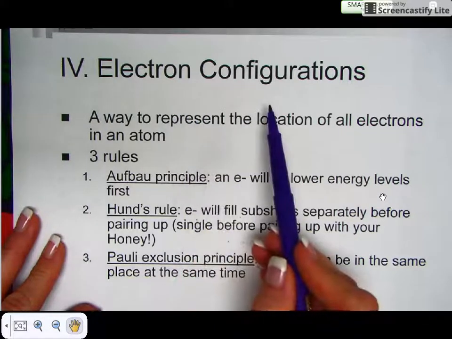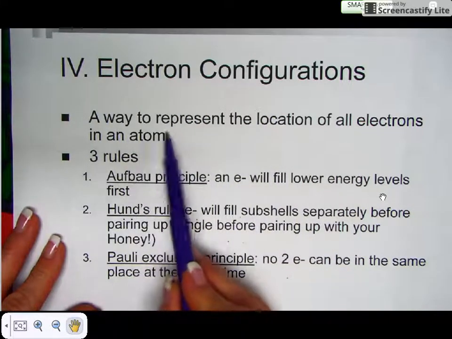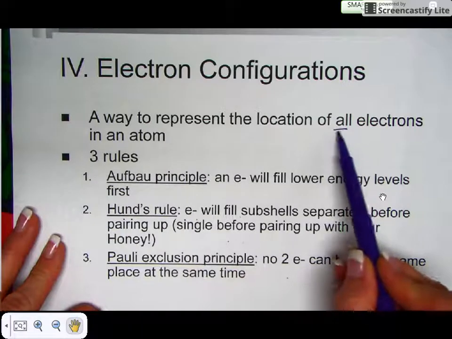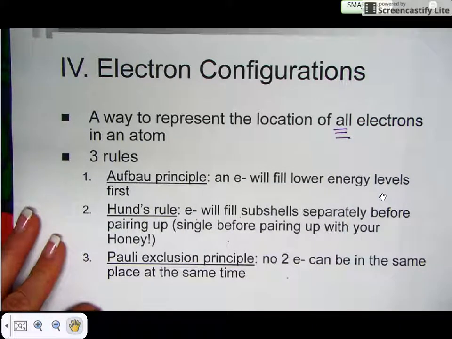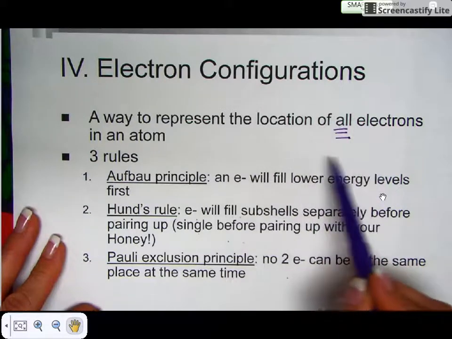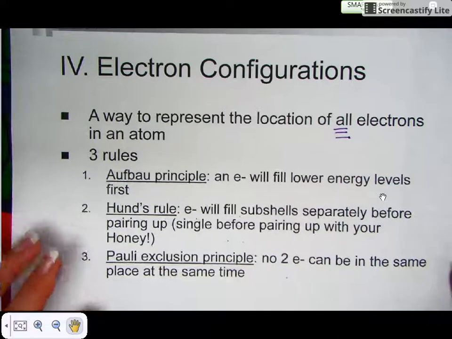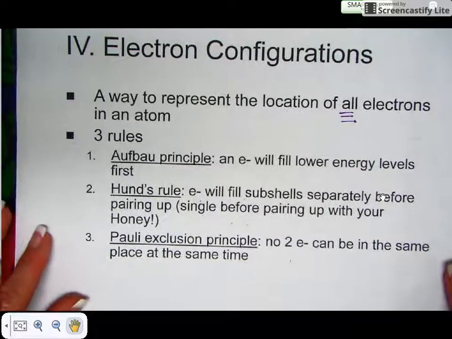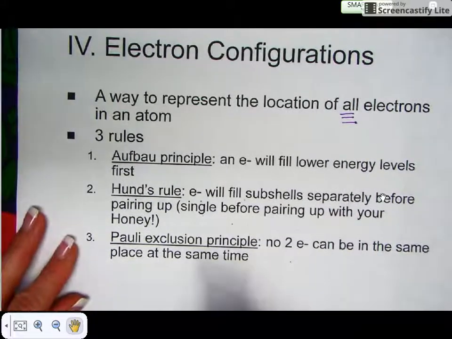Electron configurations are simply a way that we represent the location of all of the electrons in our atom. Quantum numbers tell us the address of only one electron, but electron configurations map out where all of the electrons are. There are 3 rules that govern how we write electron configurations.